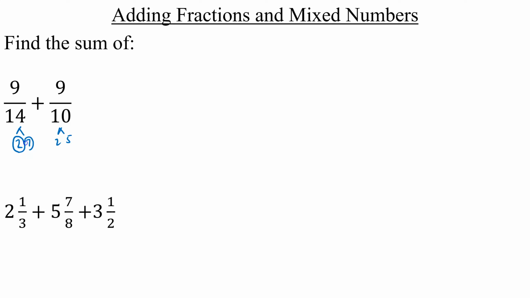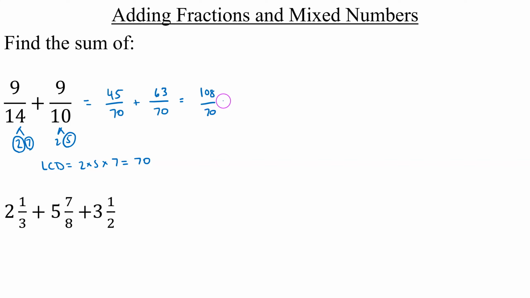So we're going to use a 2, a 7, and a 5 for the least common denominator, which gives us 70. 14 times 5 is 70, so we're going to do 9 times 5 to get 45. And then 10 times 7 will give us 70, so we're going to do 9 times 7 to get 63. And when we add the numerators together, we get 108 over 70.